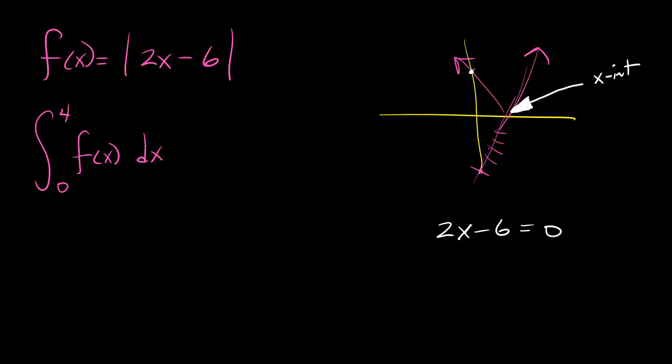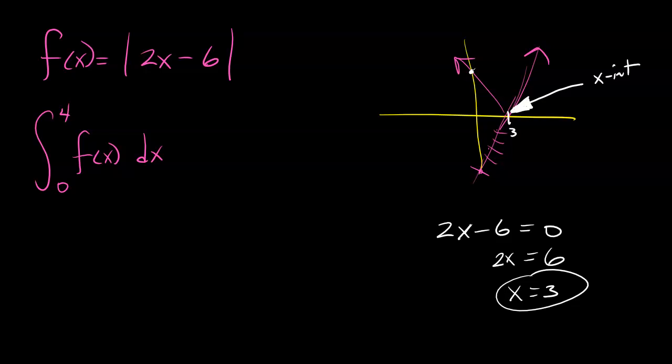But I'm not using the absolute value symbol because I'm trying to figure out the location where it will flip. So once you solve that, in this case we get 3. That tells me that x equals 3. So this gives me x equals 3 for my x-intercept.